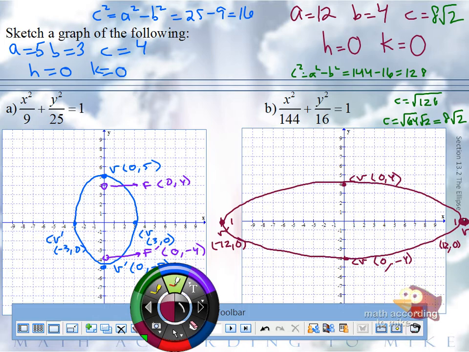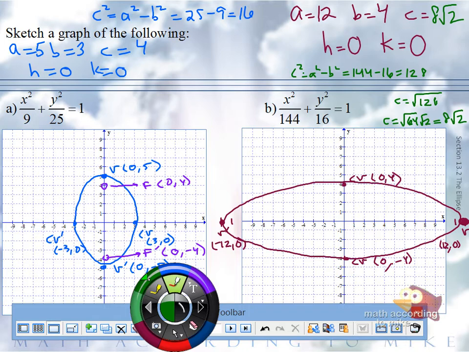How far and what direction are we going for our foci? Foci are always in the same direction as your vertices. 8 square root of 2 units in what direction? Left and right. All right, here's the deal. If you want to, in your calculator, you can find out the decimal approximation of 8 radical 2.